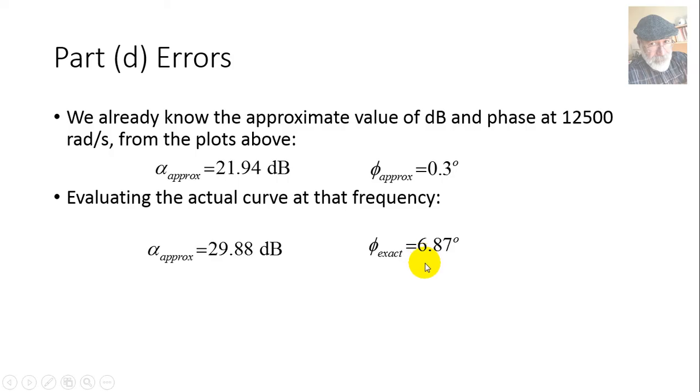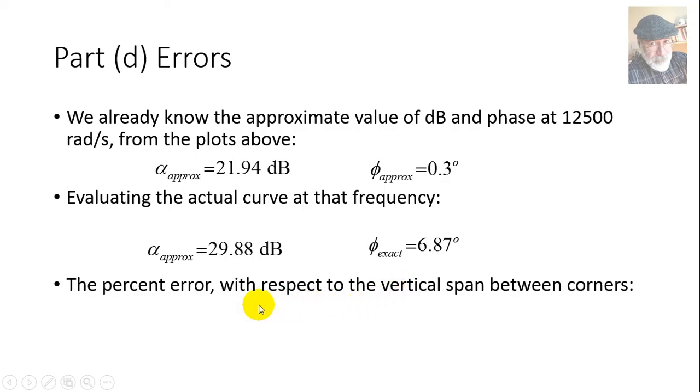Now, the error is computed in percent with respect to the maximum range between corner frequencies on the corresponding axis, on the vertical axis, right? With respect to the vertical span between corners. If you got those four values correct, you have the answer correct already.